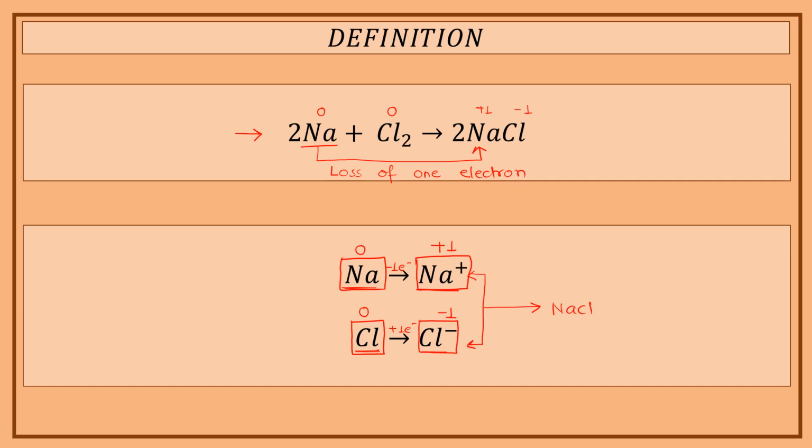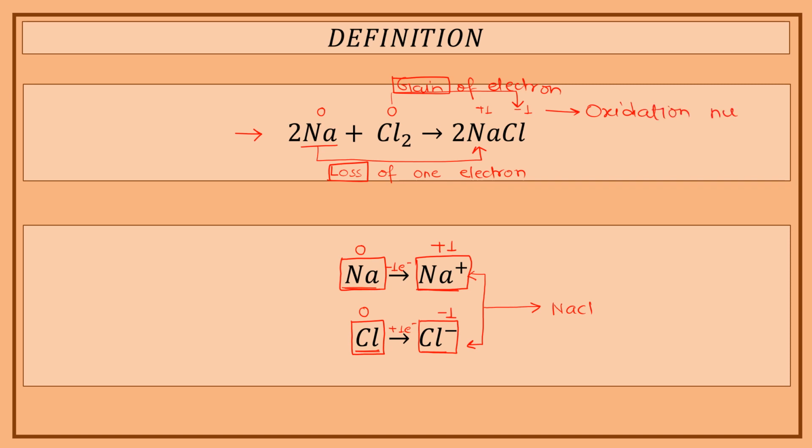Similarly, if we follow the route of the chlorine atom, we can conclude that there has been a gain of electron. So by assigning these numbers, we can get information about the loss or gain of electrons that has taken place during this reaction, and therefore we define these numbers as oxidation numbers.